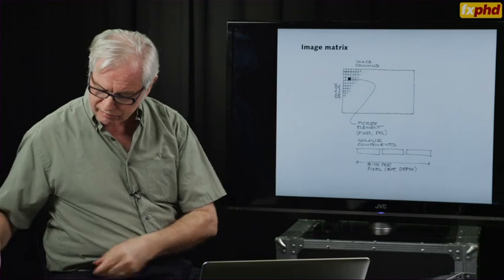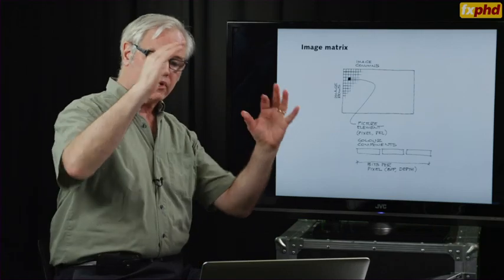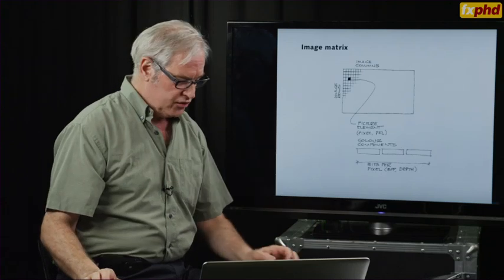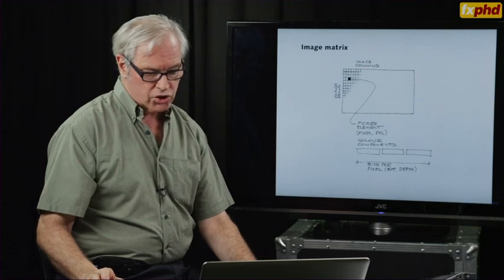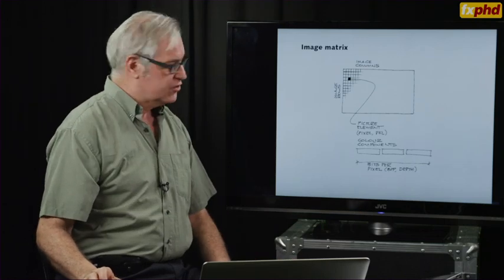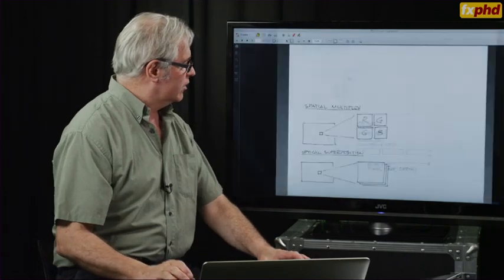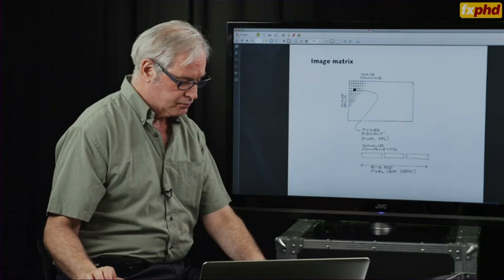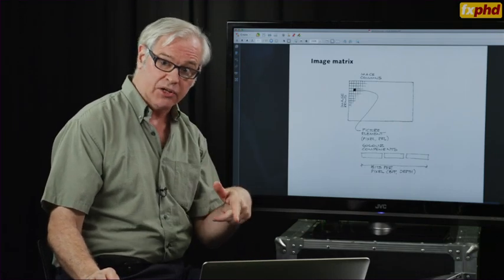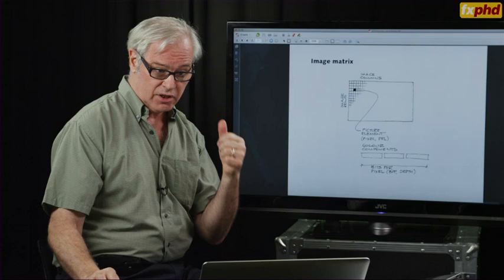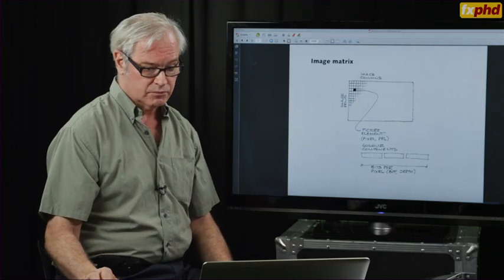Now, we'll go from there to a very broad overall diagram that I use to show the context of digital imaging in the world that most of us live in, HD, digital cinema, VFX, CGI.